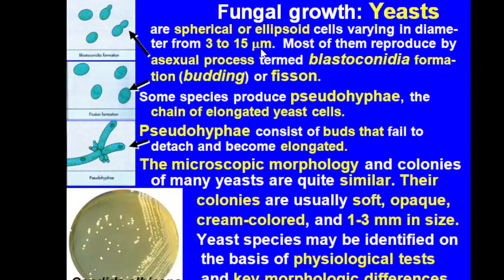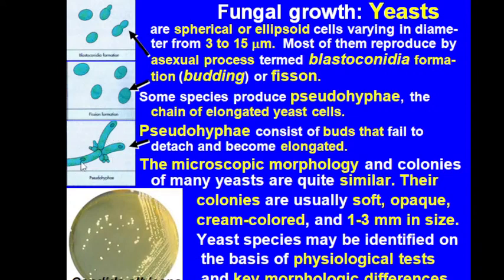And most of them reproduce by an asexual process termed blastoconidia formation or budding, but may also reproduce by fission. Some species, when they grow very quickly, may produce so-called pseudohyphae. When the oval cell grows very quickly, the resulting cell will not be spherical or oval, but elongated.